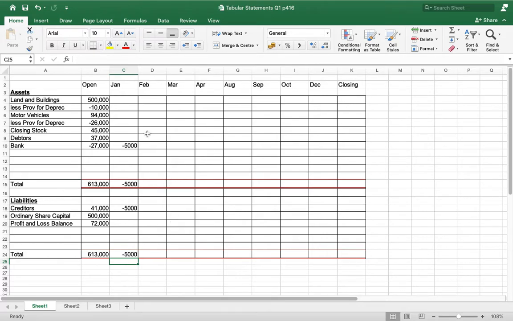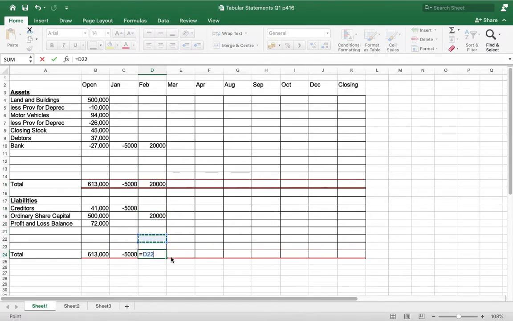If I, for example, let's say sold some shares in the business, so let's say I sell 20,000 shares, so I'll have 20,000 more in liabilities because I have 20,000 more shareholders, and my bank will go up by 20,000, so I have 20,000 more money in the bank. So the net effect on the assets and liabilities is the same the whole way across.